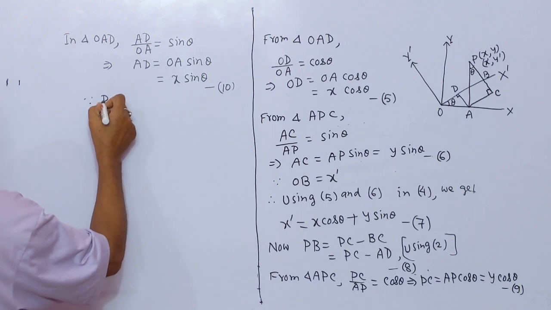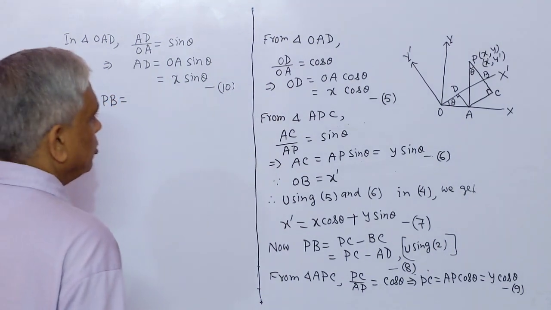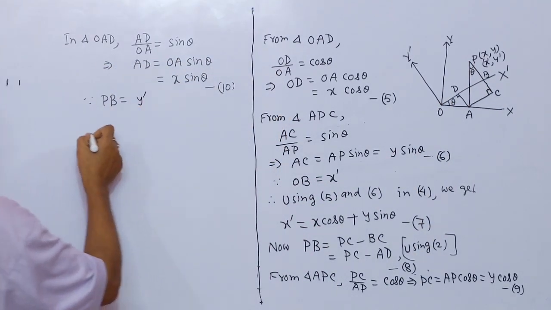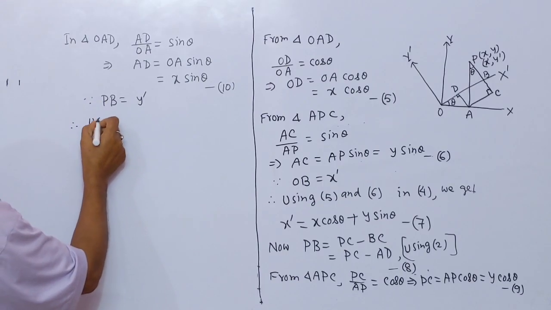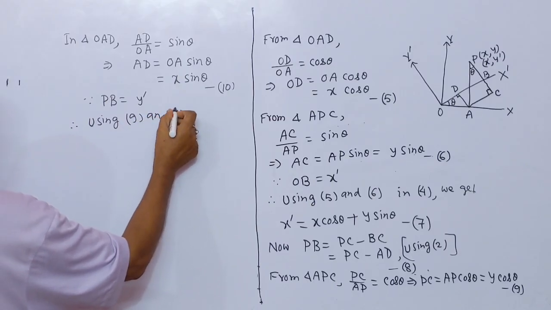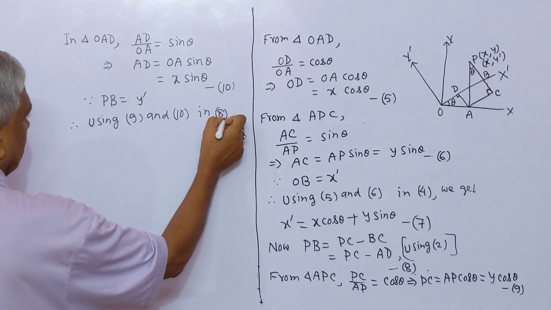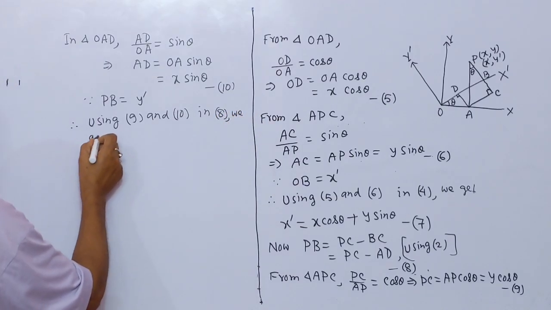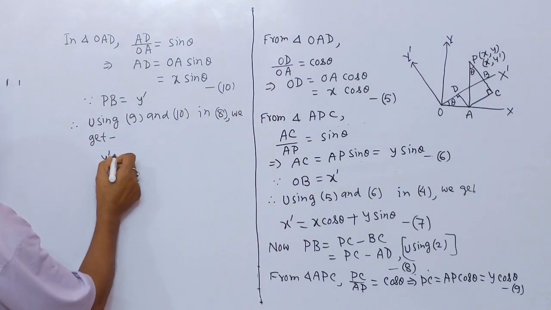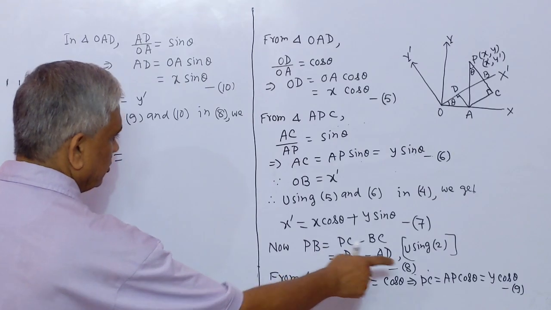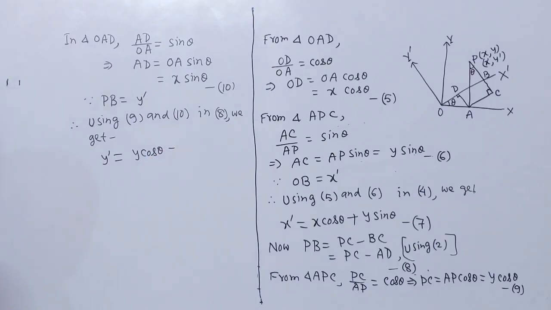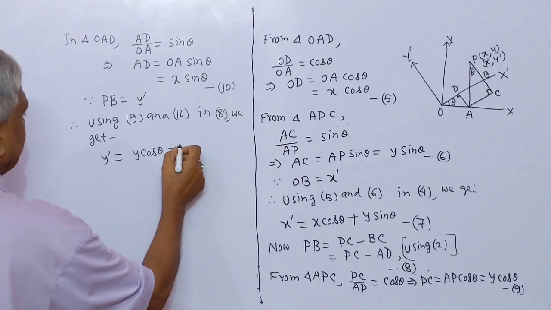Since PB equal to y prime, therefore using 9 and 10 in 8 we get, left side is PB is y prime, here PC is y cos theta minus AD is x sin theta.